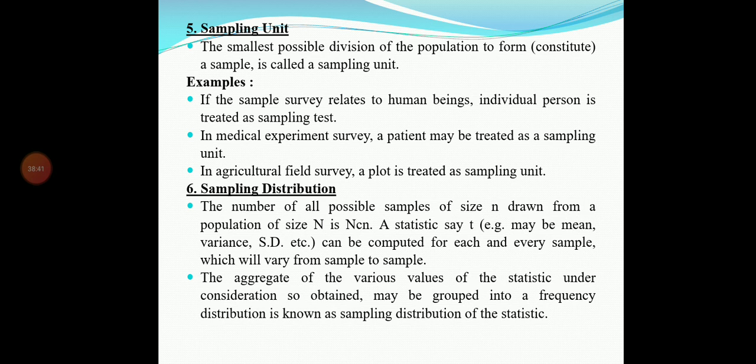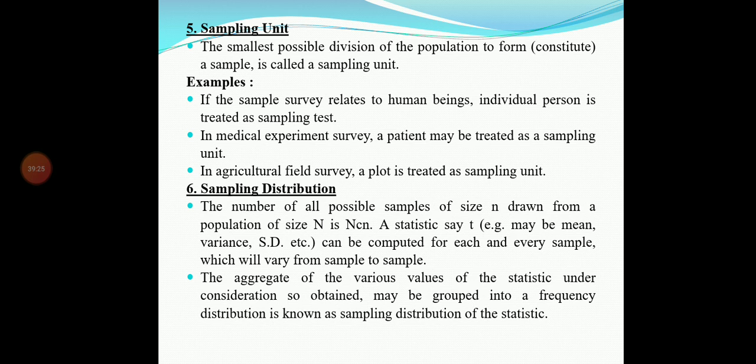Similarly, I have given examples. A sample survey relates to human beings, persons, then the individual person is treated as a sampling unit. That is the smallest possible division. In a medical experiment, a patient may be treated as a sampling unit. In an agricultural field, as just explained, a plot is treated as a sampling unit. These are examples of sampling units. So a sampling unit is nothing but the smallest division of the population.